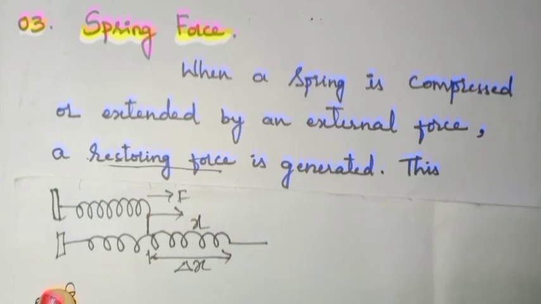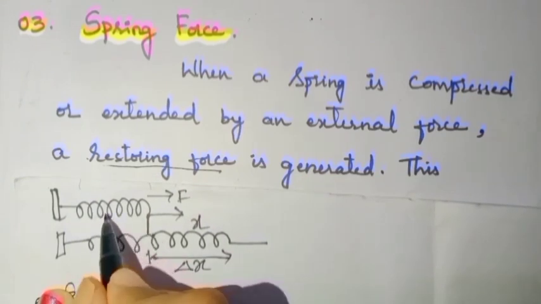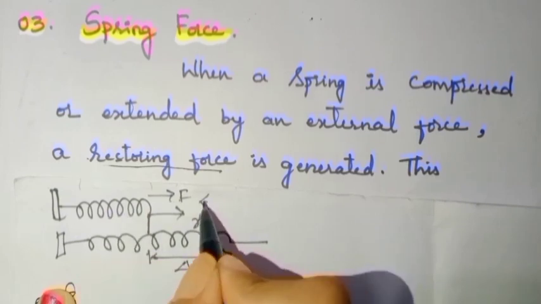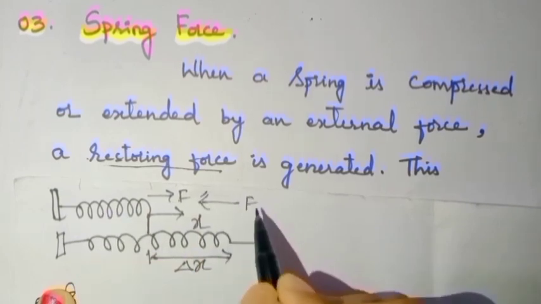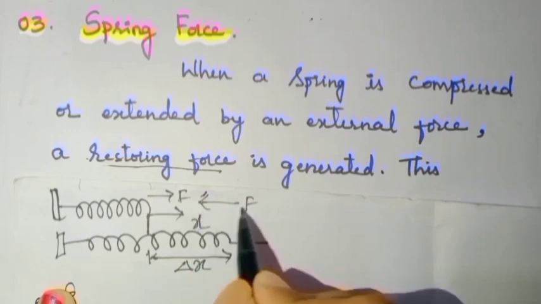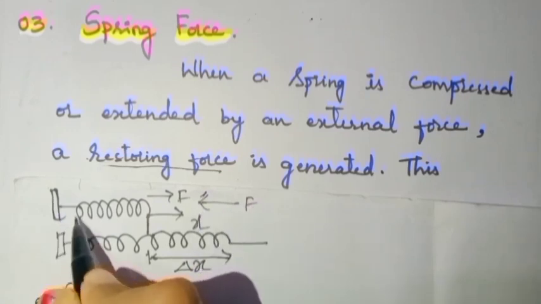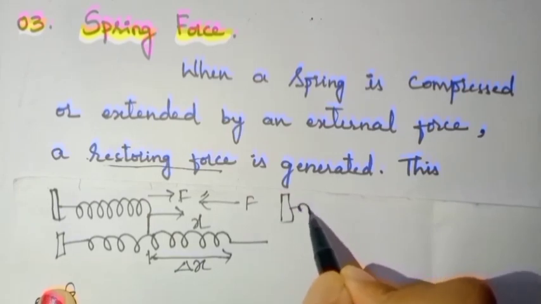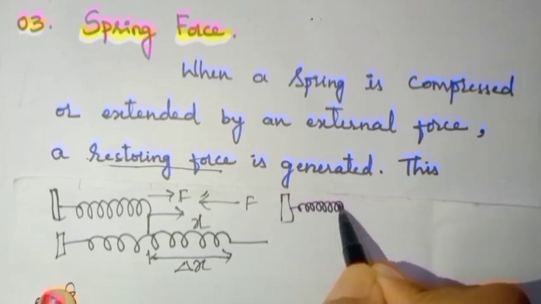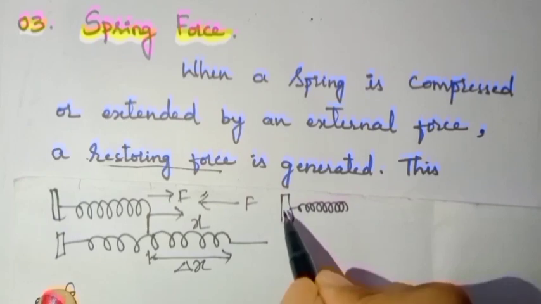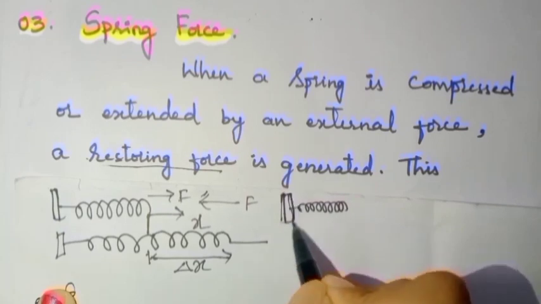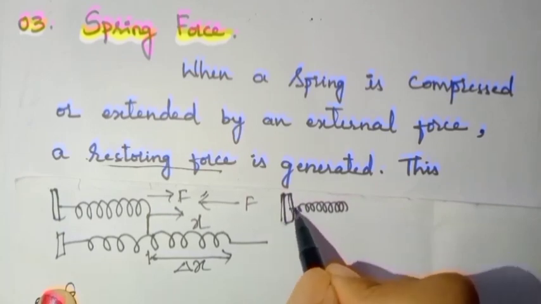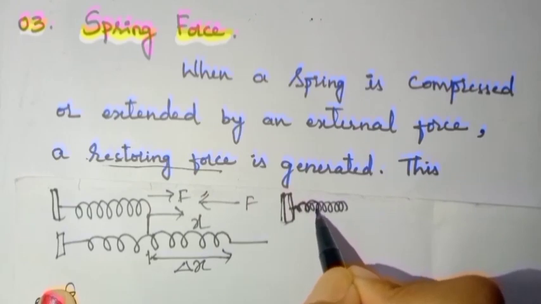Okay, now similarly for this spring, I will apply the force in the direction opposite to the previous one. If you apply the force towards the rigid support, then what happens to the spring? Let's see here. The spring will be compressed, right?